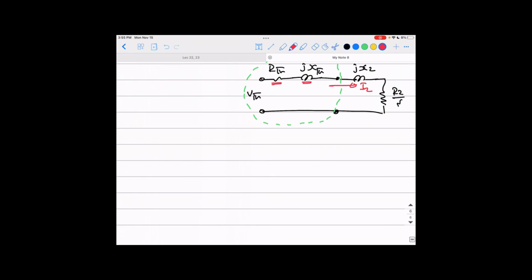So easy now. We want to calculate I2 as a magnitude and angle vector.